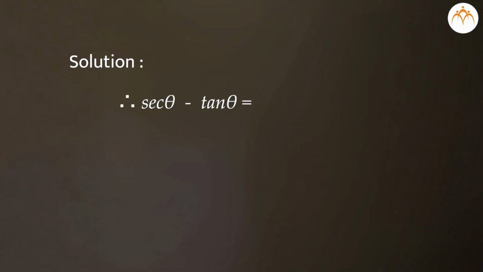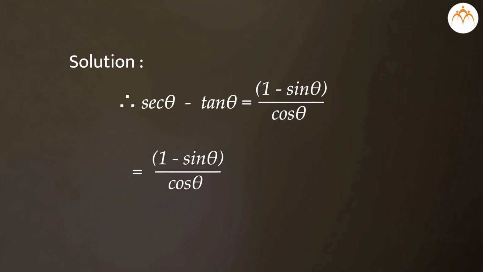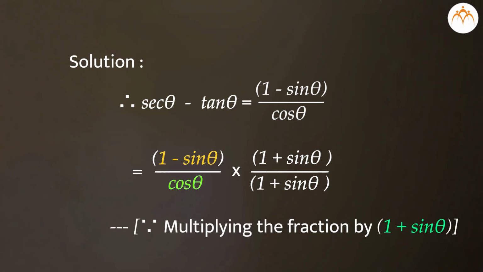Therefore, sec theta minus tan theta is equal to 1 minus sin theta upon cos theta, which is equal to 1 minus sin theta upon cos theta into 1 plus sin theta upon 1 plus sin theta, because we are multiplying the fraction by 1 plus sin theta.